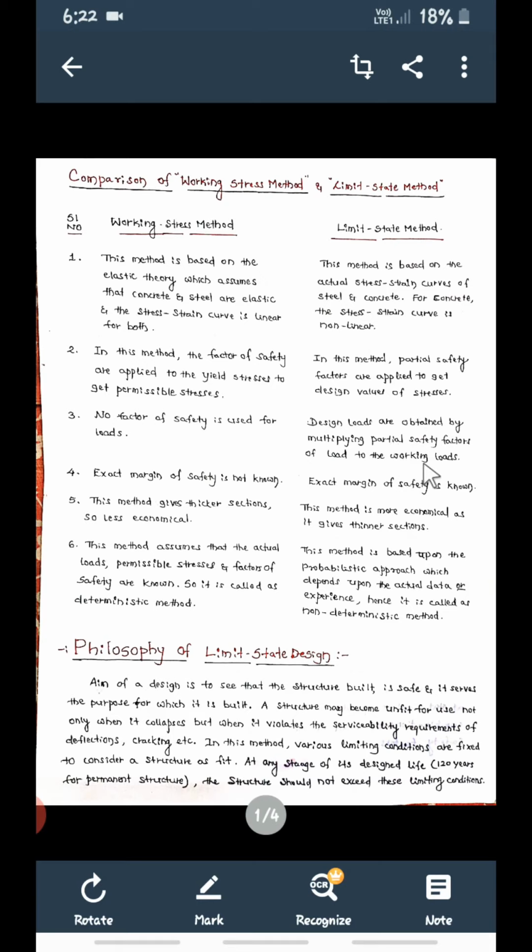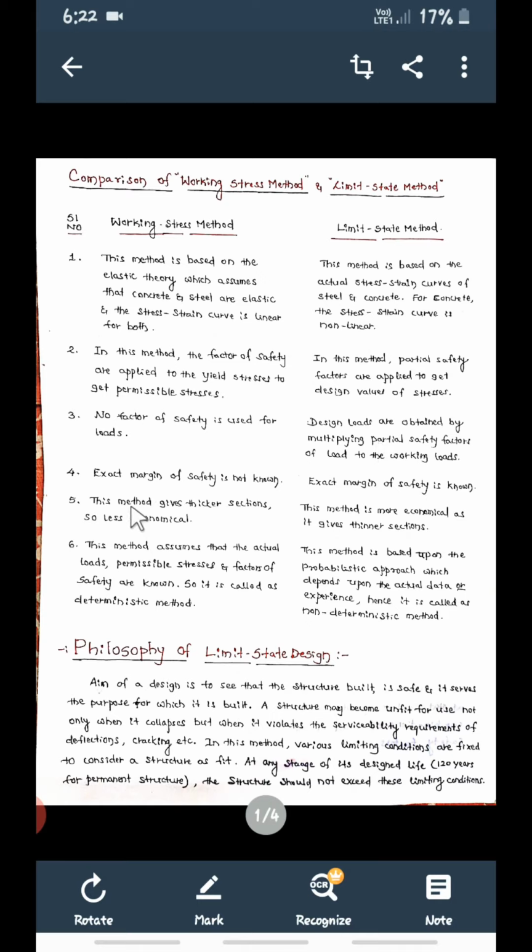We know the working loads, so working load multiplied by partial safety factors gives the design load or ultimate load. Here for loads no factor of safety is multiplied, but here for working loads the factor of safety is multiplied and we get the design loads. That is another difference.